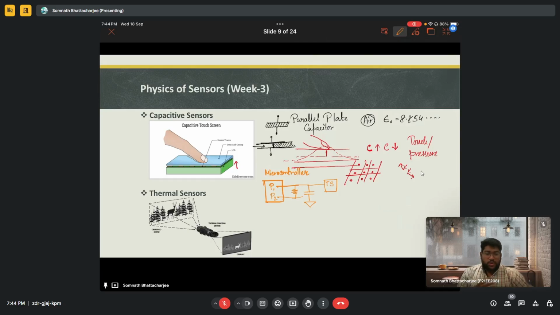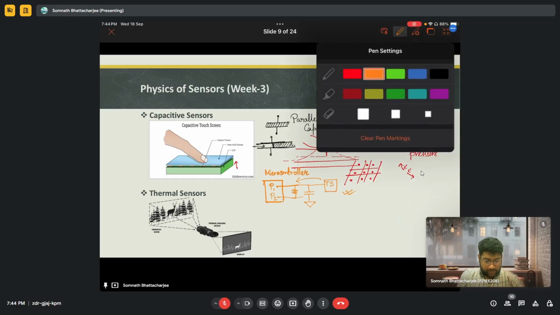Based on the change in capacitance, our microcontroller will detect it, and based on that, several functions will be performed. So this is a capacitive sensor where change in capacitance is the basis of the principle. Based on the change in capacitance, we detect several entities. We can make a displacement sensor out of capacitive sensors, and capacitive touch sensors are one of the most daily used applications as well.